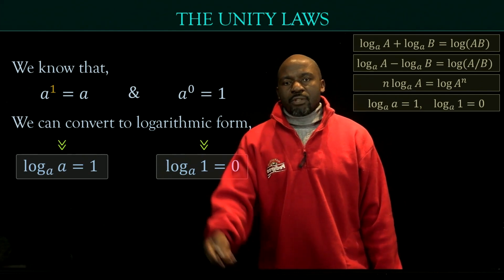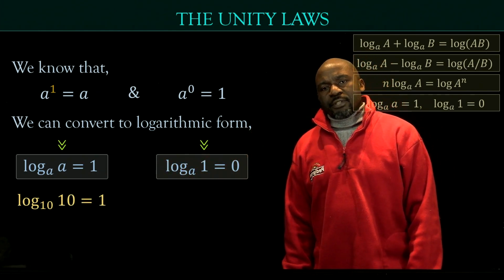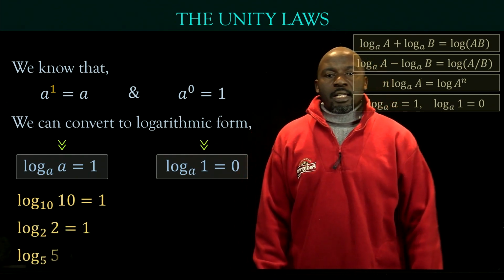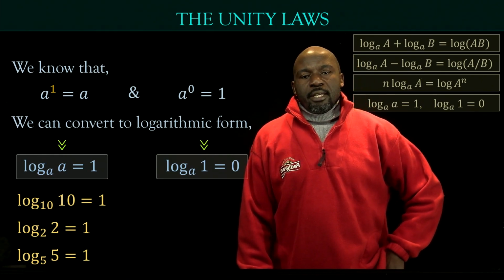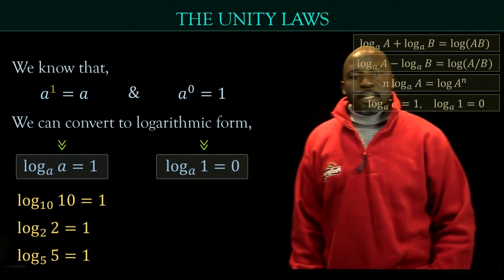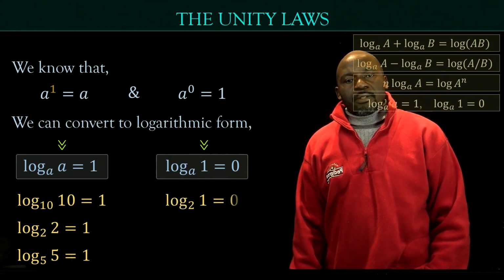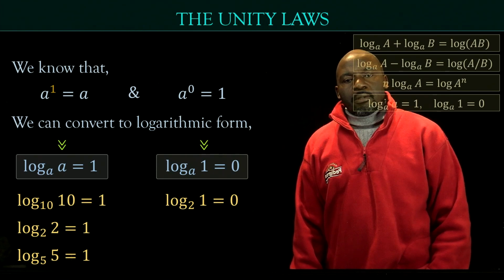So here are examples of what I'm saying. Log to base 10 of 10 is 1. Log to base 2 of 2 is 1. Log to base 5 of 5 is 1. Log to any base of itself is always 1. And similarly, the log of 1 is always 0 irrespective of what base it is. So log to base 2 of 1 is 0.